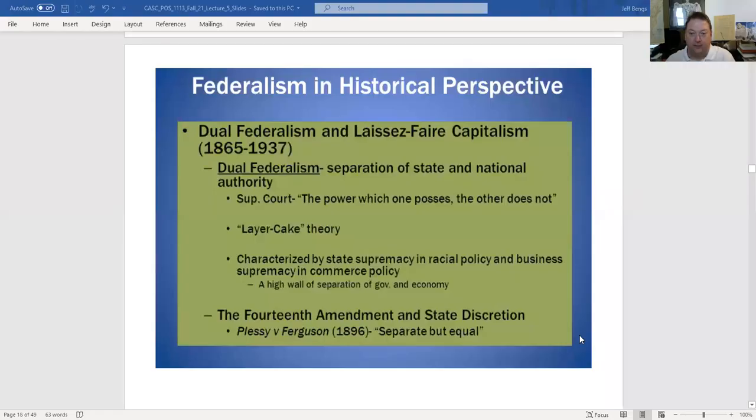And they worked in very dangerous working conditions. So this was the rise of big business, and the federal government, which remember, according to the Commerce Clause, they are to regulate interstate business.